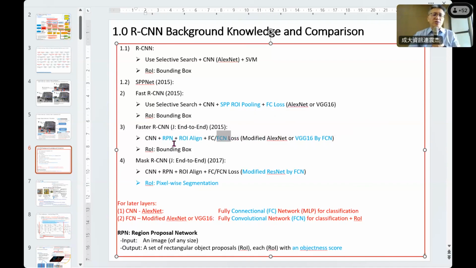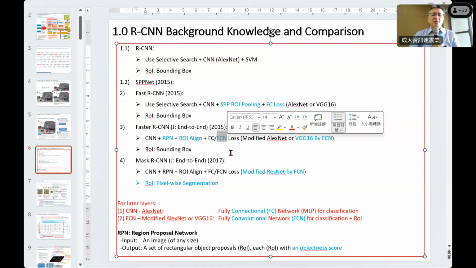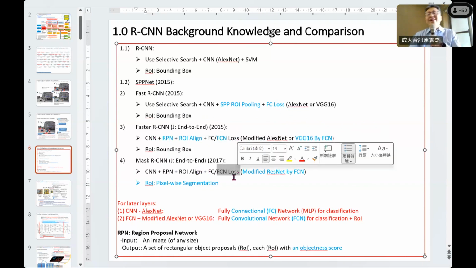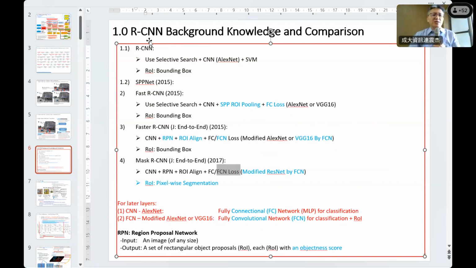So I have two rows, one row here and the second row here. And mask is almost the same. The only difference is the head. Okay, so that's the history of the region proposal network.